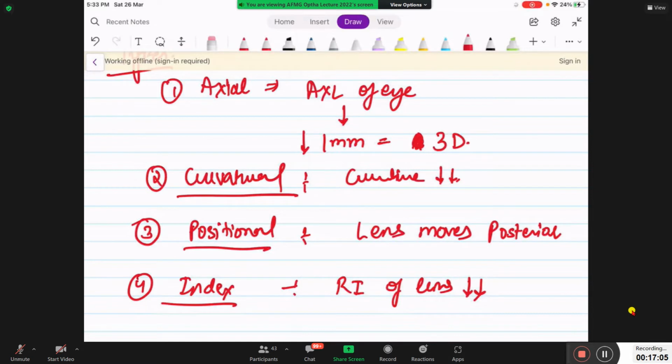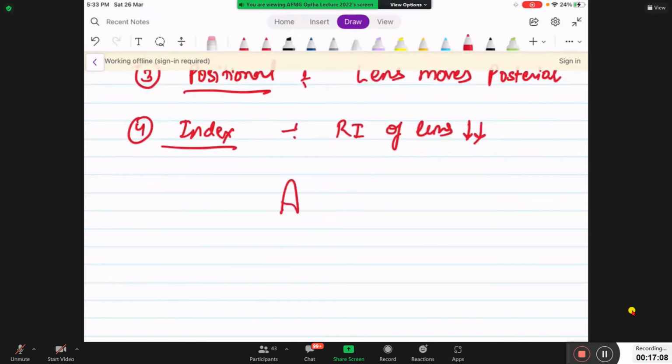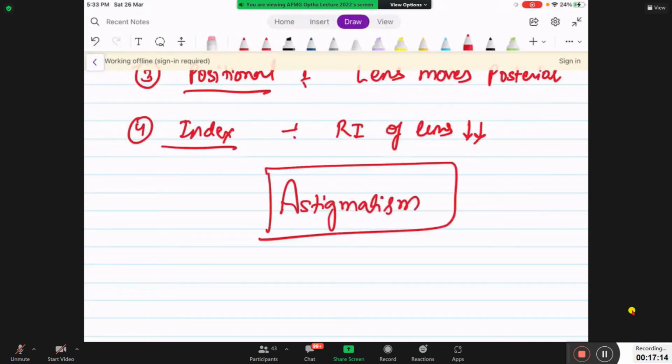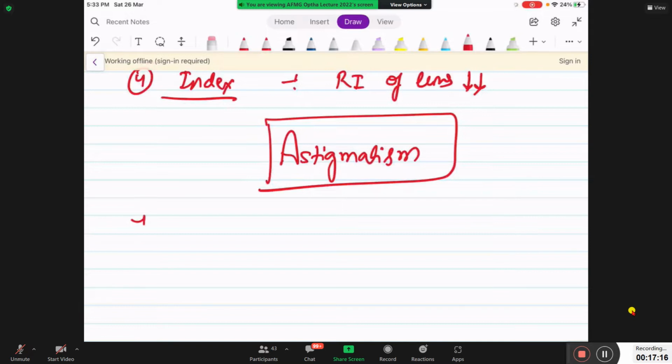Now coming to astigmatism. What is astigmatism? Write down the definition.